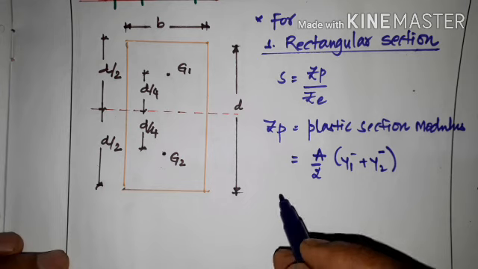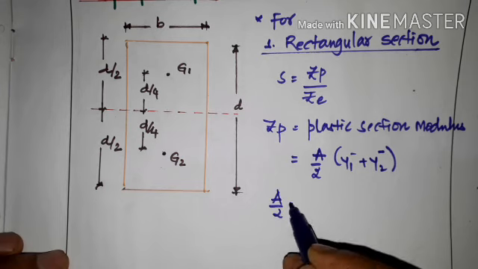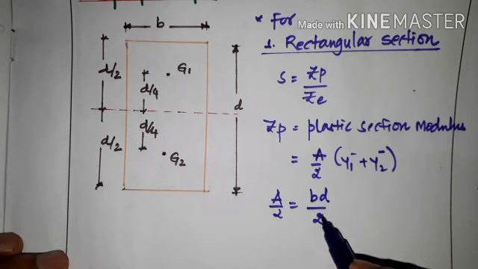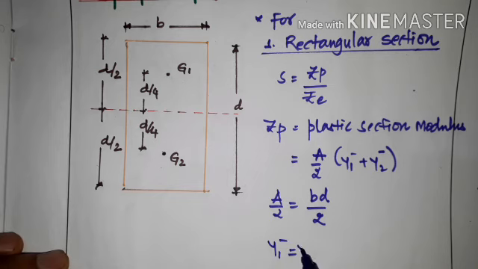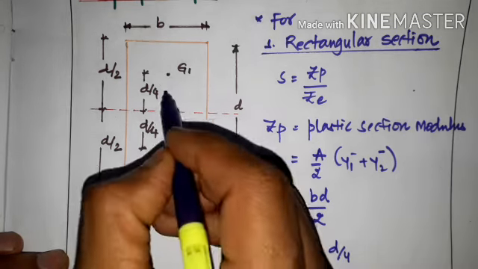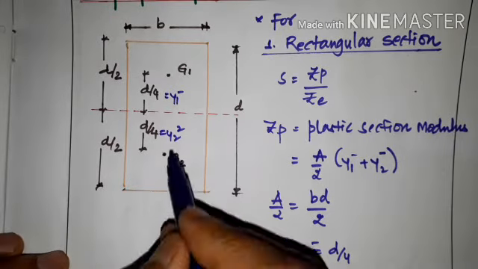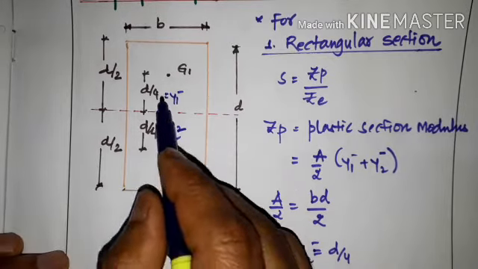So what is A by 2? A by 2 is BD by 2, because the area is BD divided by 2. And y1 bar is equal to y2 bar, which is d by 4.